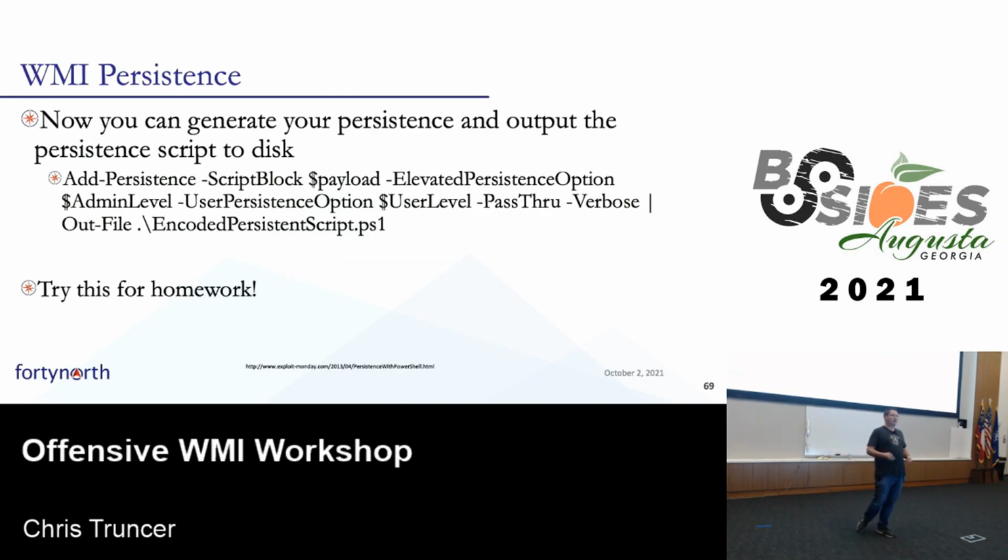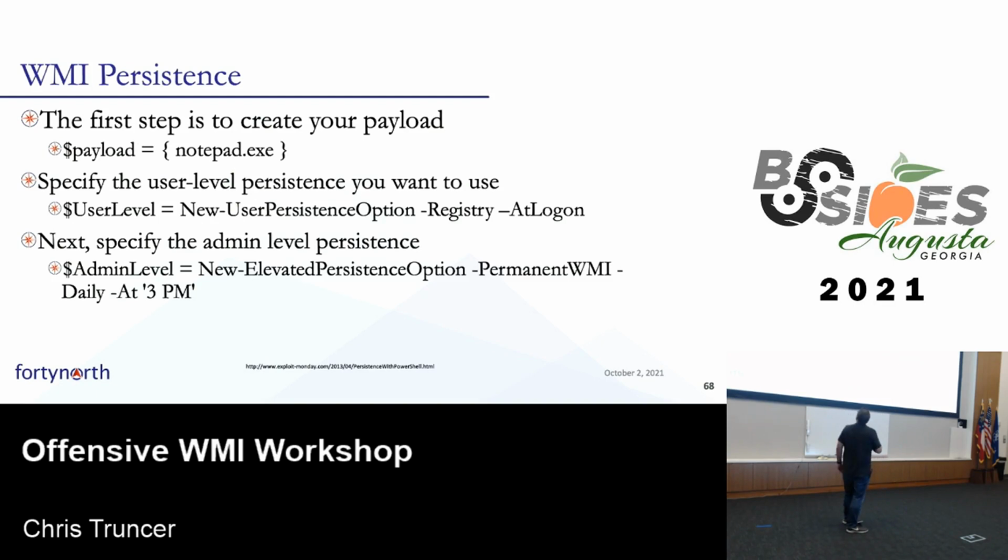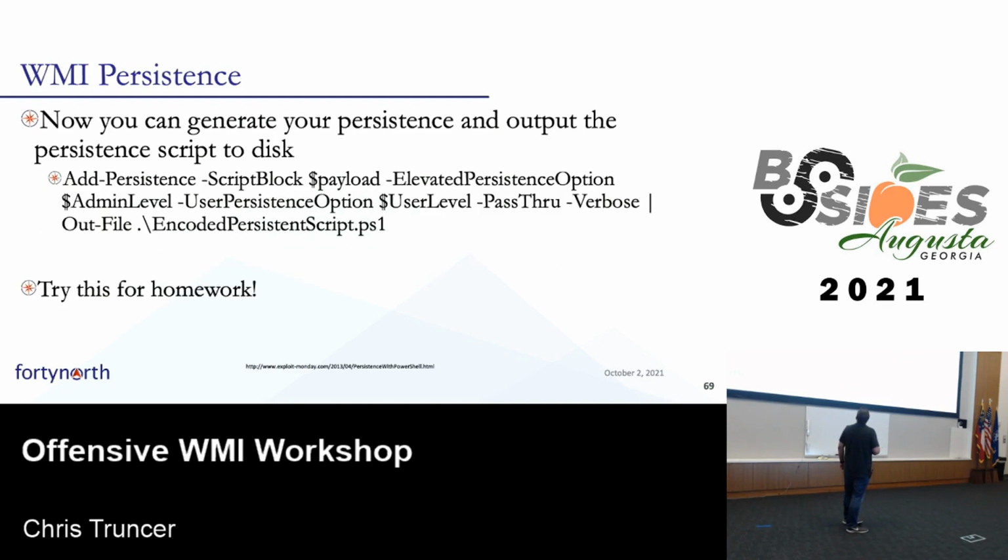And finally, after we've run these three commands, we're going to take those outputs and create and run one more command, which will actually generate our script that will install persistence. So here's where we're just specifying everything, like the payload that we want to run, the elevated option, which is our WMI event subscription, the user level one, and then it's going to output the scripts that we would use to install it.